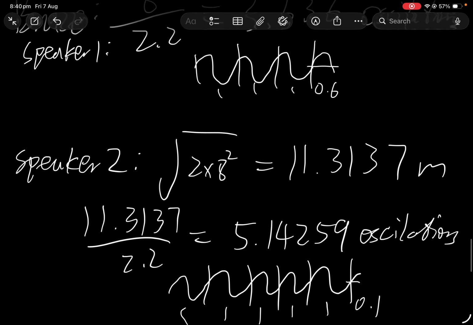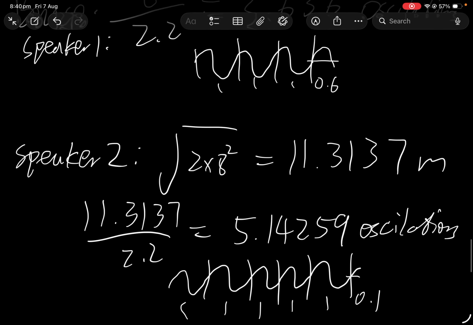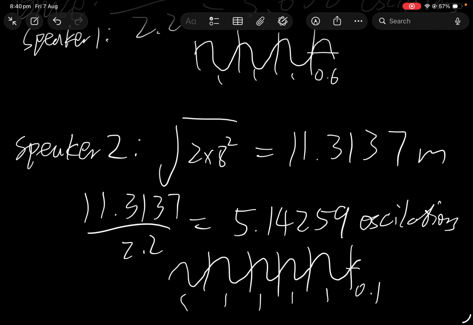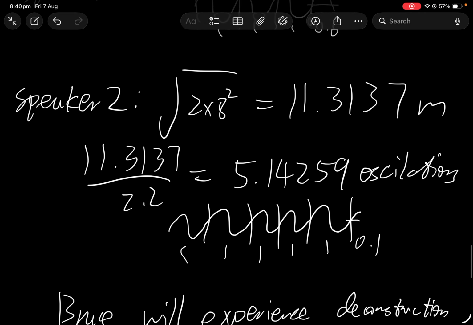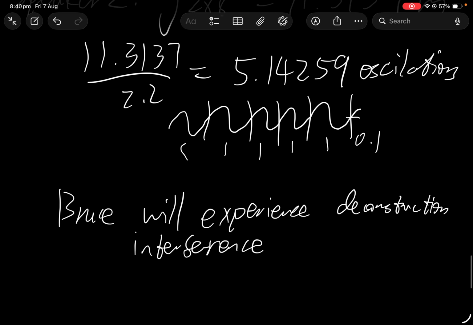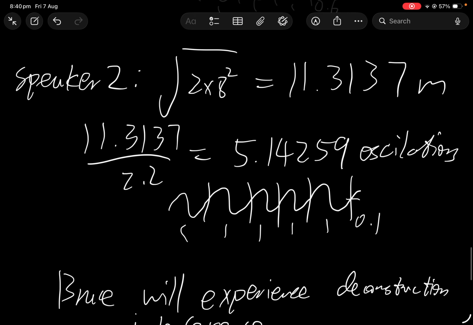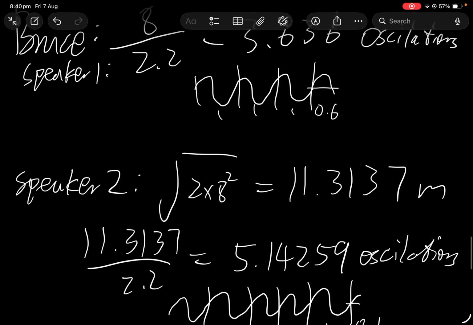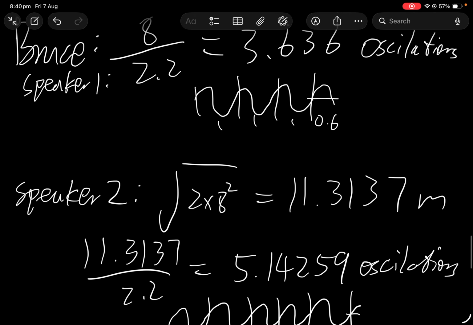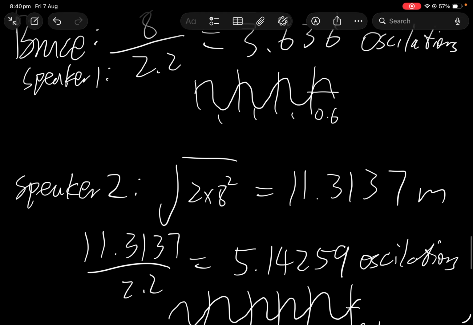Or what we can do is use another way. Because we want to find the distance between them and then divide by the value, we can do the square root of 2 times a squared, 11.3137, subtract 8, divided by 2.2, and that is around 1.5.